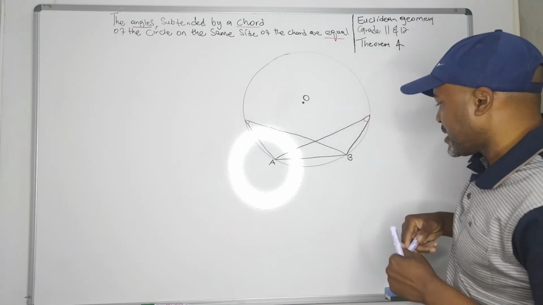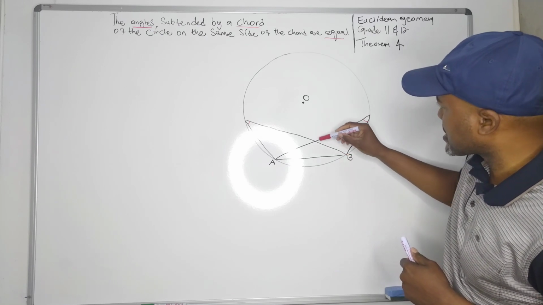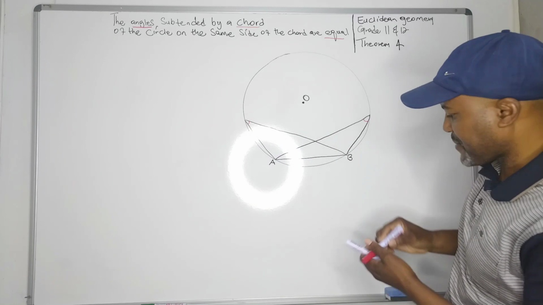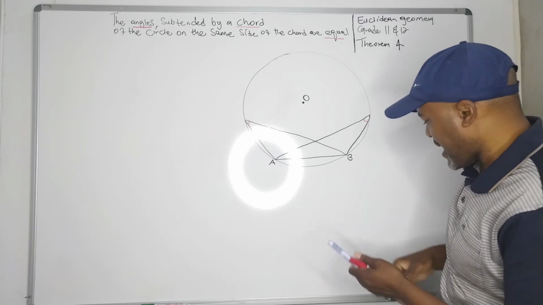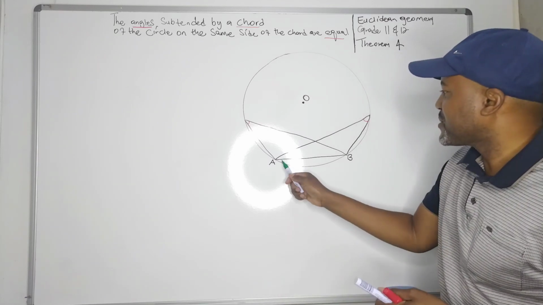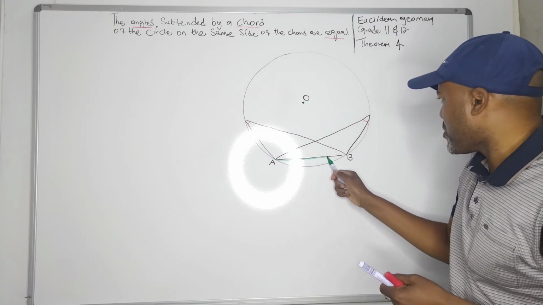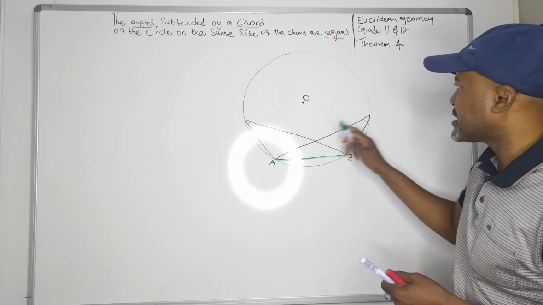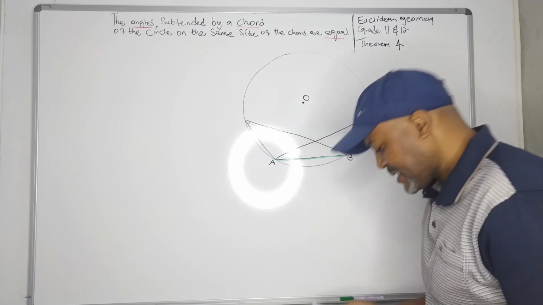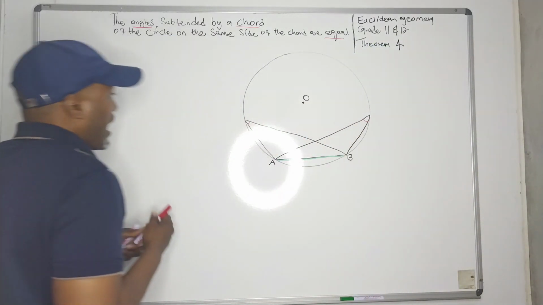Can you see? It starts from the very same chord and comes back, subtended by the very same chord. So both angles are subtended by the very same chord, and the statement says that those angles are equal.